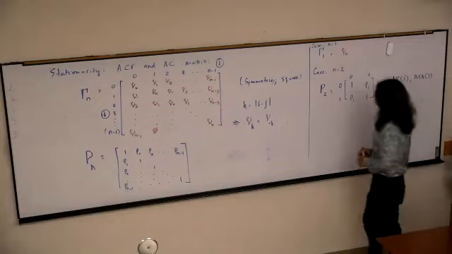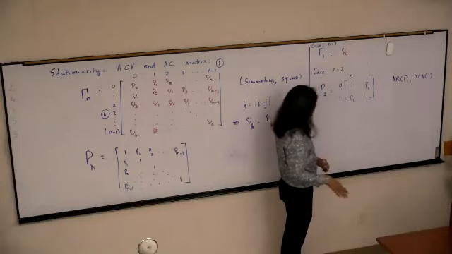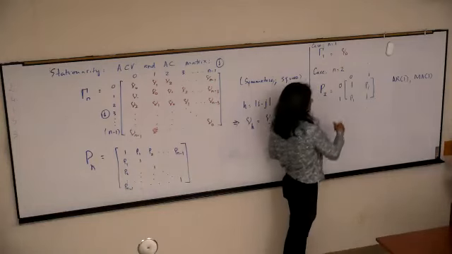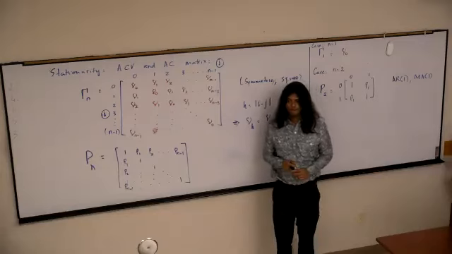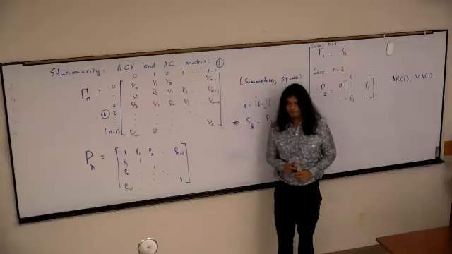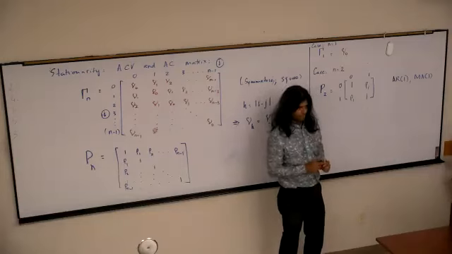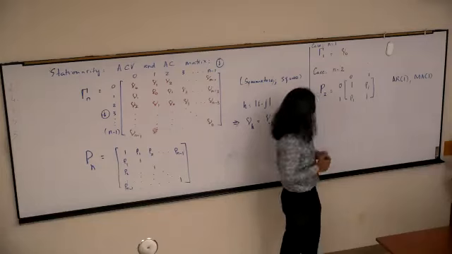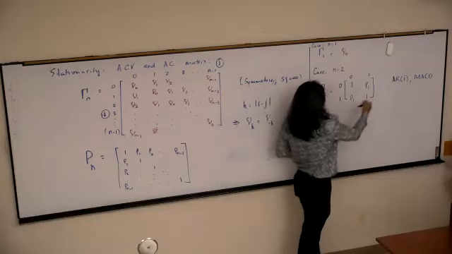Positive semi-definite, all of that. What is the determinant of this? 1 minus rho 1 squared.